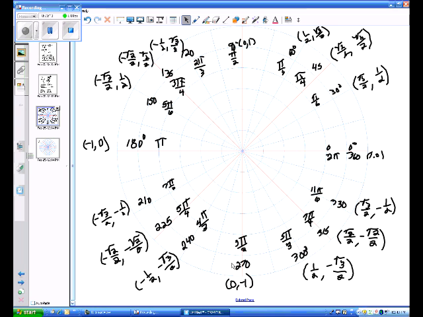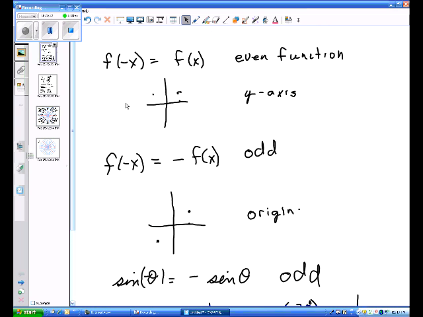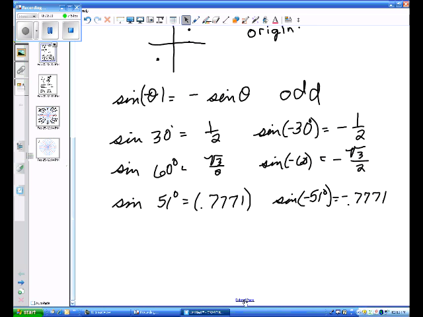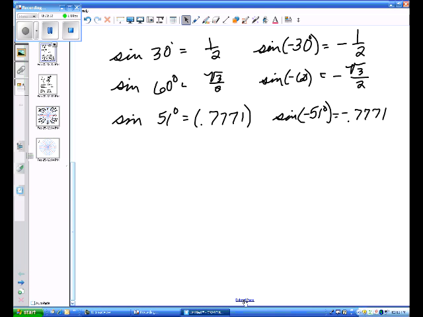If we go to negative 150 degrees, our cosine's negative square root of 3/2. So our cosine has the same value for both positive theta and negative theta. That means that the cosine is an even function.